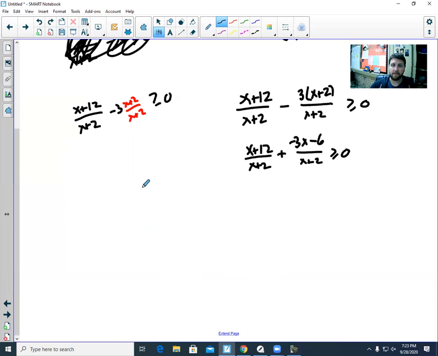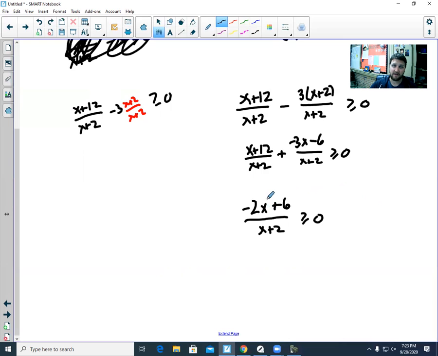And then I'm going to combine my variables. So I'm going to get x plus negative 3x, which is negative 2x. 12 plus negative 6 is going to be a positive 6, over x plus 2 is greater than or equal to 0. So now basically I want to set the top and the bottom equal to 0 and find my critical values. So for my top part, I want to know what number I can plug in here that will make the top 0.